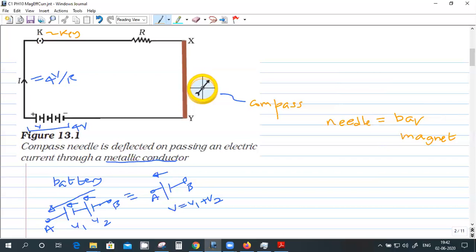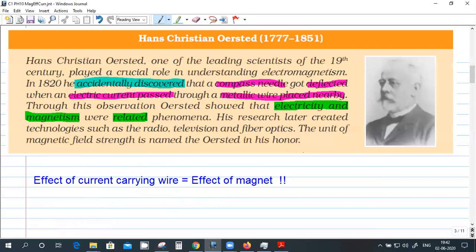So this is an observation which we have to understand soon. At the moment it's just an observation. When the current is flowing, the compass is deflecting. This was discovered by a scientist, accidentally.